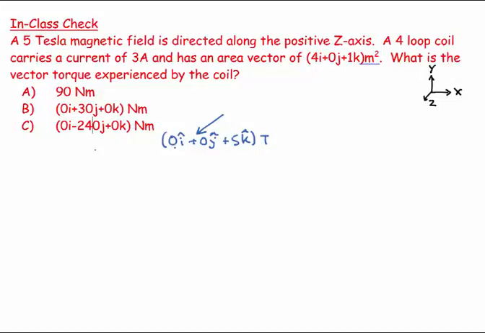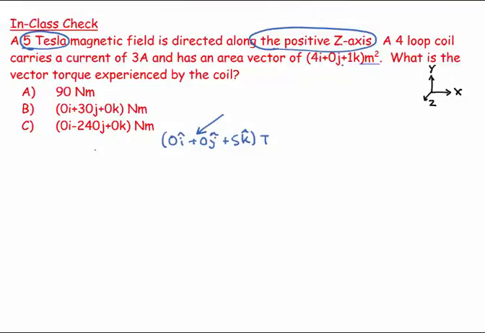So this is an ijk representation of the magnetic field, given by that magnitude and that direction, and that skill of being able to go from the words to a visualization and then to represent it as an ijk vector is, I think, really important.